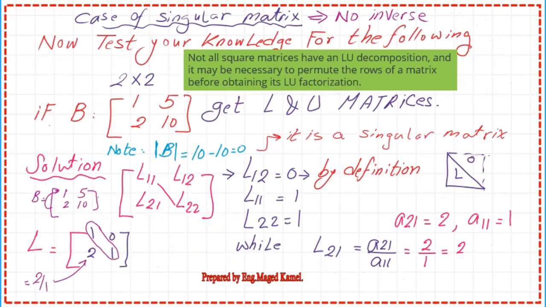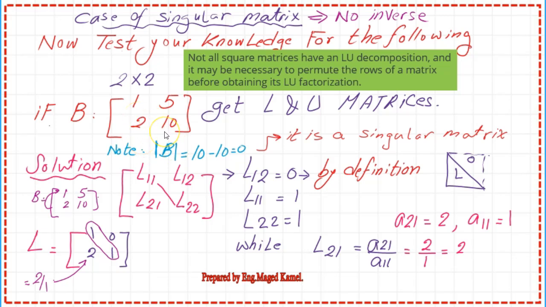In the next slide, we are going to talk about the singular matrix, which has no inverse. The statement is, not all square matrices have an LU decomposition. It may be necessary to permute the rows before obtaining the LU factorization. He's talking about the case that you have like this.